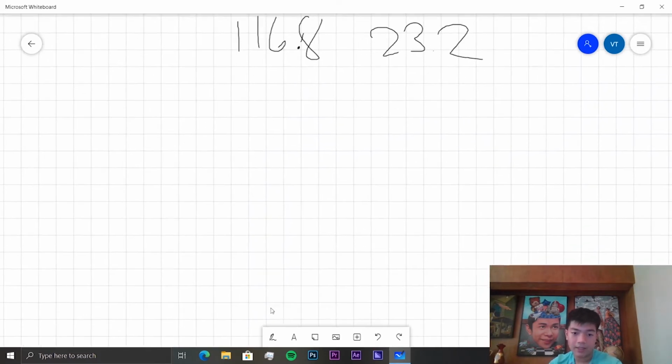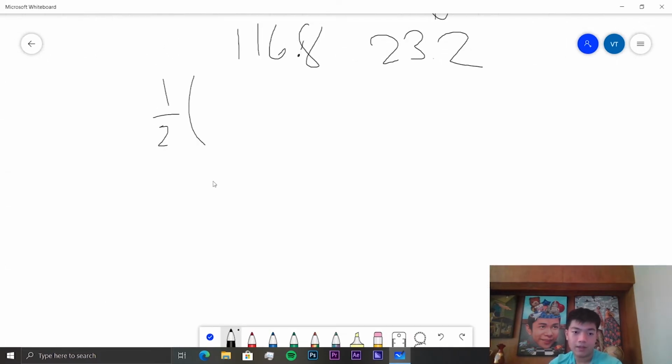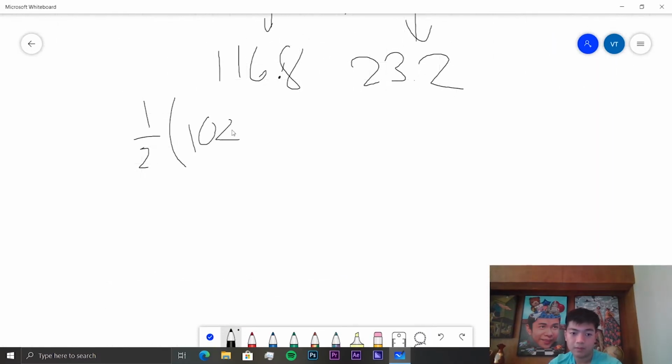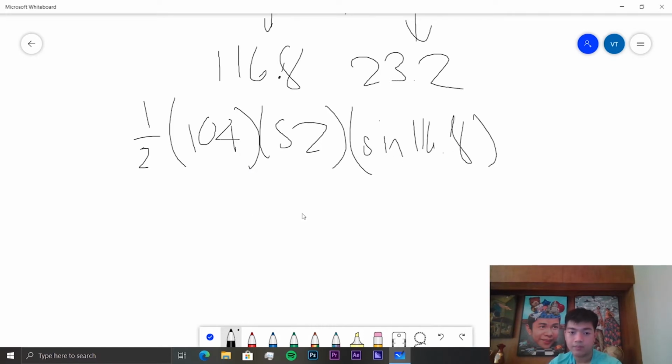And so now we can calculate the areas. So we know we have 1/2 AB sin C, so we have 1/2 times 104 times 52 times sine 116.8. So this is equal to effectively 52 squared times sine 116.8.